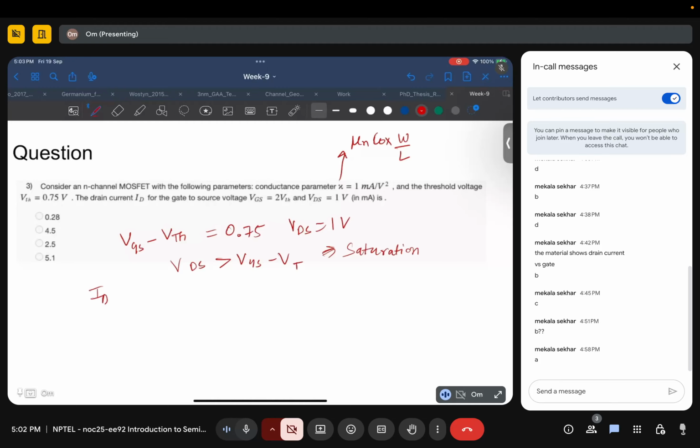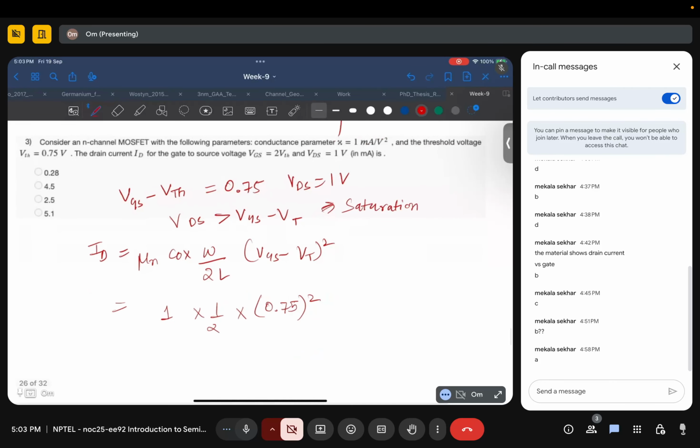Saturation ID is mu n C ox W by 2L VGS minus VT whole square, which is 1 into 1 by 2 into 0.75 square. This is 0.28125 milliampere. This is option A.